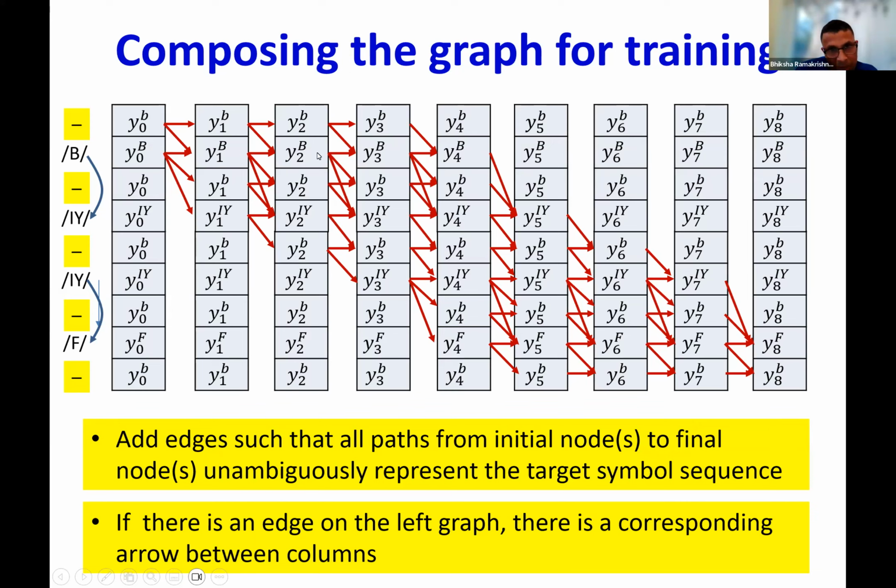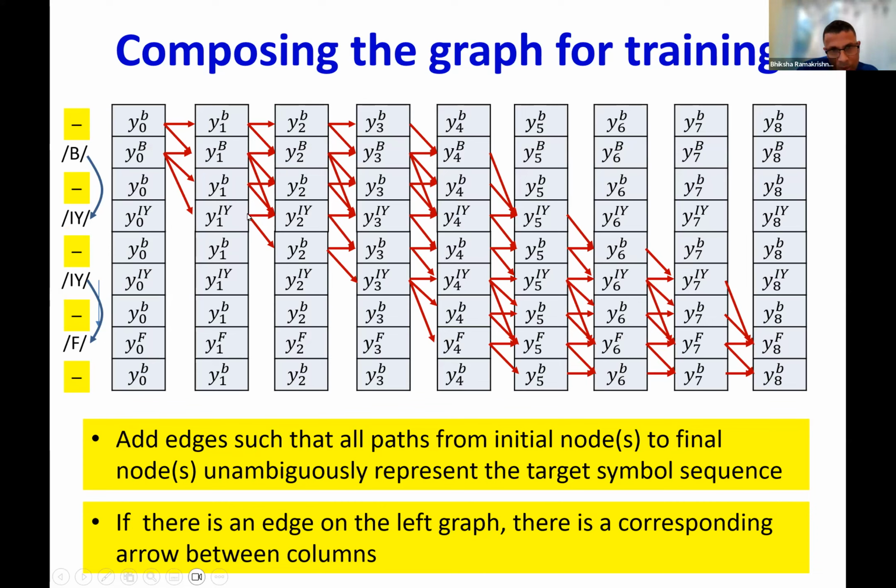And so if you check the burr row at each point, you either have a horizontal edge, an edge one row down, or an edge two rows down. Then if you look at the E row, in the case of the E, you have to go through the blank to get to the next E, because if you skipped it, then the two E's would get compressed to a single E. And so blanks are mandatory between repeated symbols.